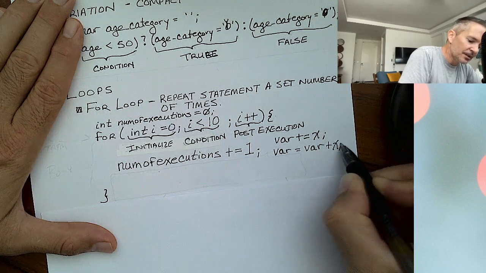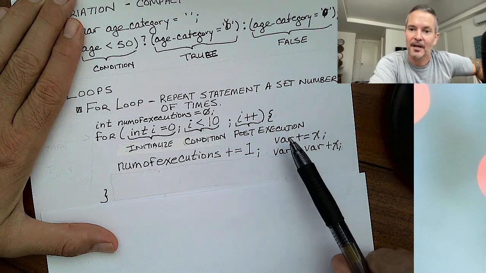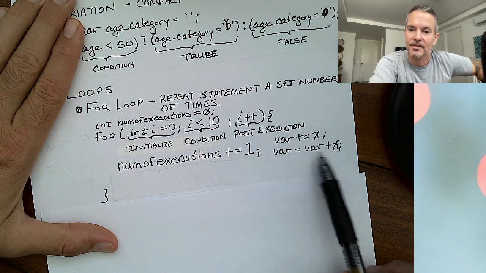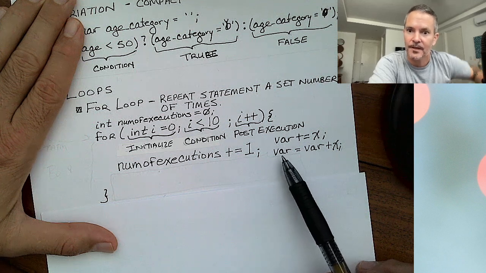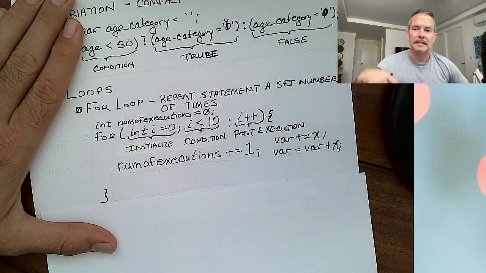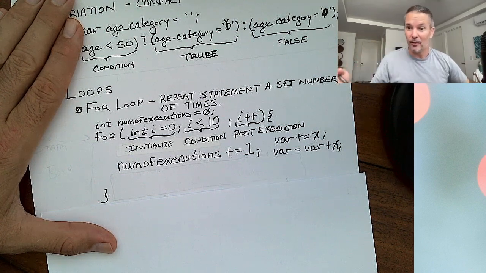So this is literally just a way to say I want to add x to my variable, and then assign that value back into the variable. This is just a simple way to increment a variable by 1 or by another amount.